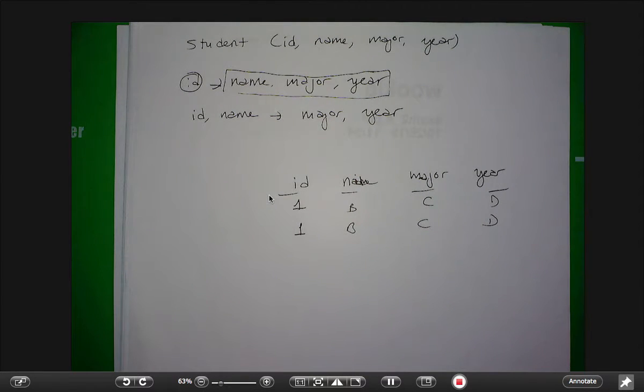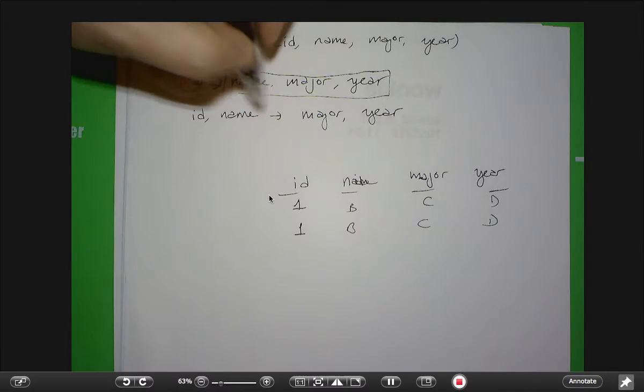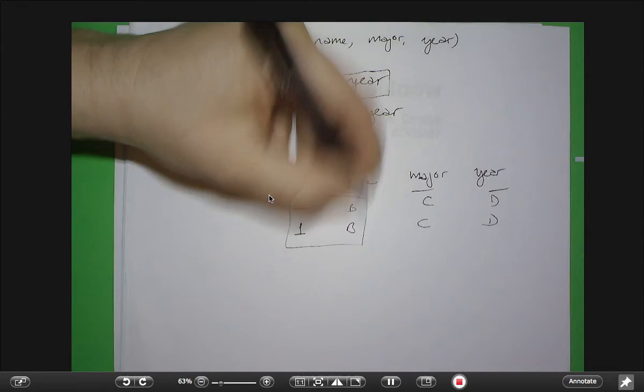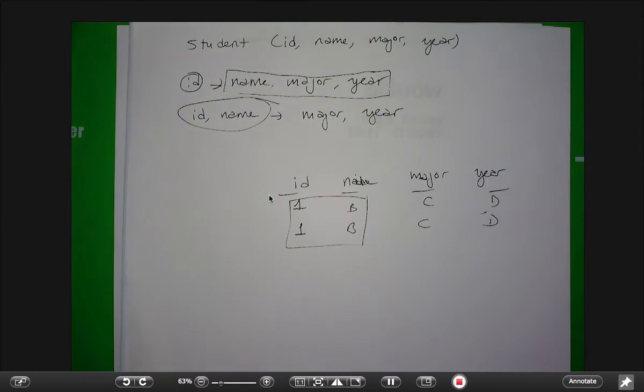The second rule says, suppose you have two tuples with the same ID and name, like these two. These are guaranteed to be the same, which is the same thing, right? I mean, basically, the second one is implied by the first one, yes.